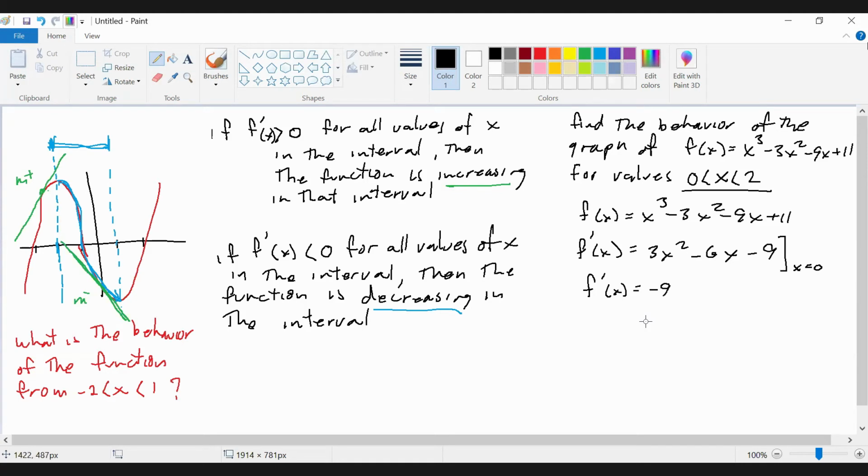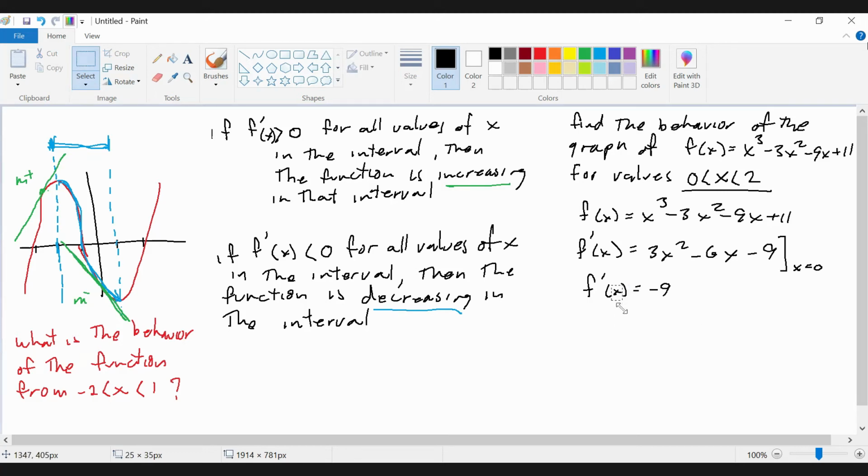Clear? Shouldn't we change the x to 0, I mean the f prime of x, shouldn't we change it to f prime of 0? Yeah.